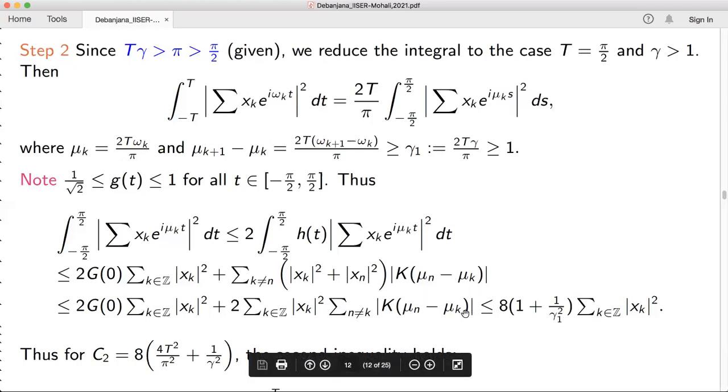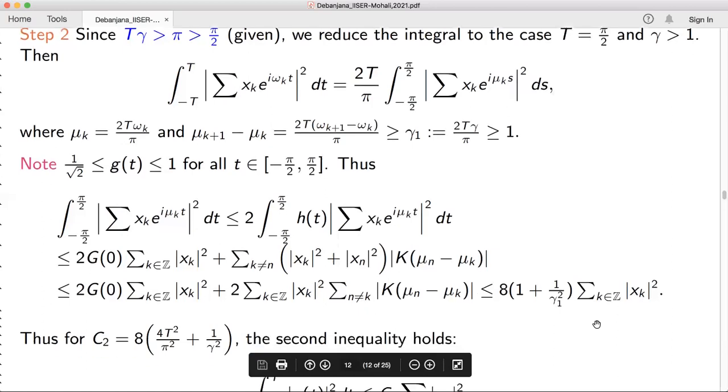If we use all these things, we get a straightforward upper bound, 8 times 1 plus 1 by gamma 1 squared, times the little l2 series involving the coefficients x_k. That is precisely our C2.